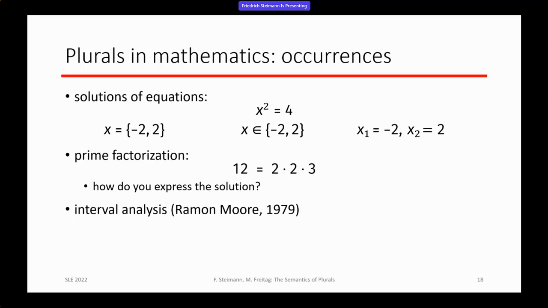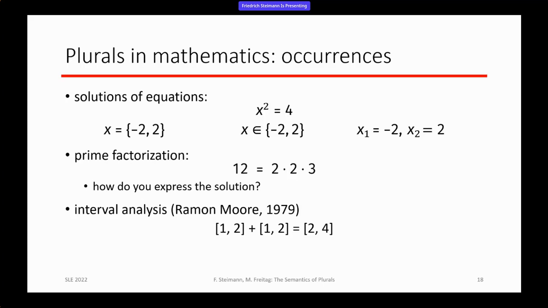So with interval analysis, you actually express some kind of non-determinism. So an interval expresses a number, but it does not say exactly which number. It only says that it must be from the interval. And the key point is that other than with sets, you can actually compute with intervals.